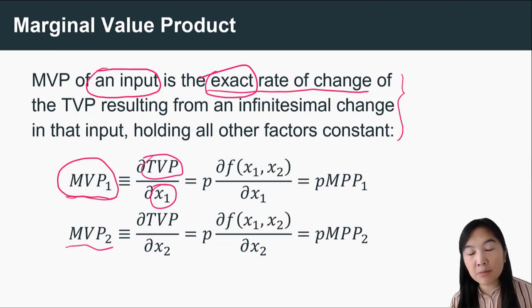And similarly for MVP2. So when you have two or more inputs in your production function, your interpretation of your marginal concepts should always be that it's a rate of change of something, holding the other factors constant.